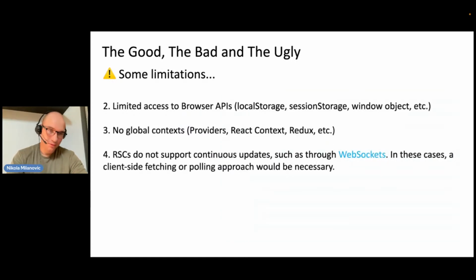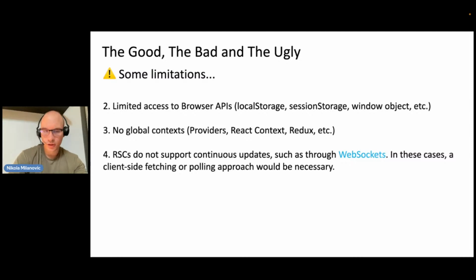Right. So yeah, a few more limitations: access to browser APIs. As I said, local storage, session storage, window, you don't have that on the server. Also global contexts. A lot of apps would try to have providers at the root of the app, and because the server does not know about React context, you cannot have providers at the root level.